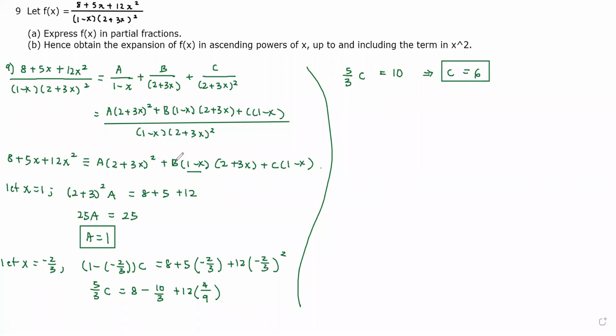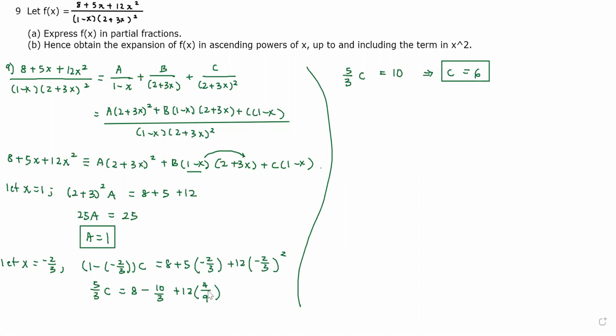We have A and C. We need to find the value of B. It's easier to equate coefficients now. Let's look at this. B has a coefficient of x squared. C doesn't have a coefficient of x squared, and A has a coefficient of x squared.